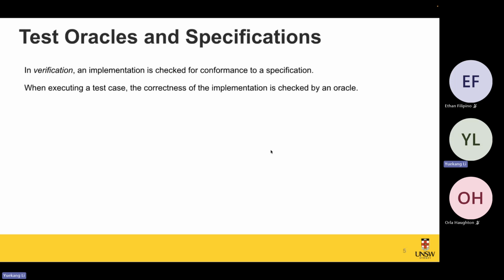So you may think, okay, in verification, we are checking the implementation against specification. Here, we are checking the implementation against oracle. So what's the relationship between specifications and oracles here? Are they the same or not? What do you think?